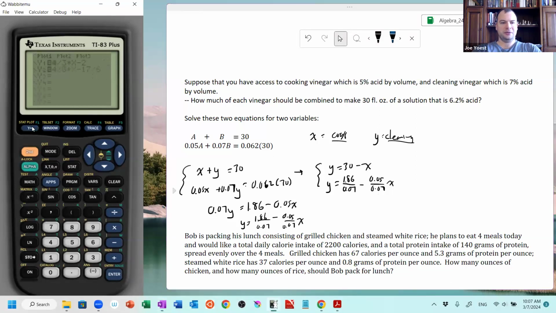I'll go into my y equals menu, enter these two equations. So 30 minus x and 1.86 over 0.07 minus 0.05 over 0.07 times x. That looks right.